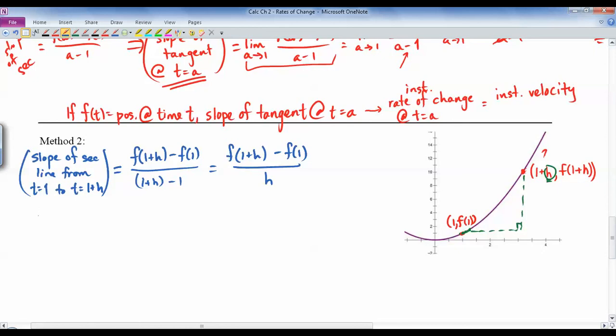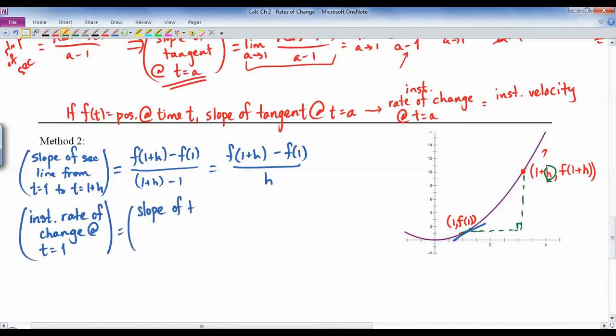So what I want to do is find the slope of the tangent right here, because I want the instantaneous rate of change. So instantaneous rate of change at t equals 1 equals the slope of the tangent at t equals 1.